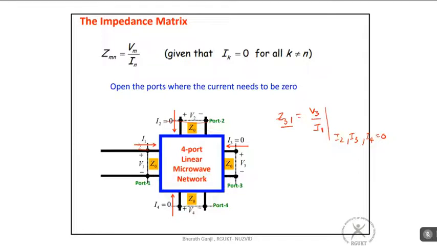Sorry, not I, my bad. V1, V2, and V4 should all be equal to 0. Then if I take such a scenario, oh, I think that is for admittance parameters.